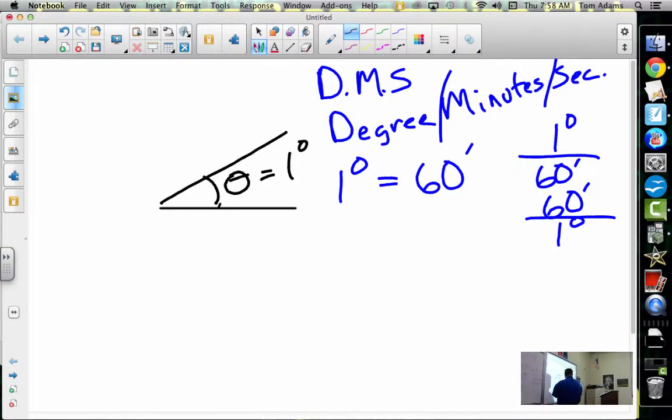Now, if I were to take that 1 minute, 1 minute is equal to 60 seconds. It's very similar to time. In fact, that's what our time is loosely based on.